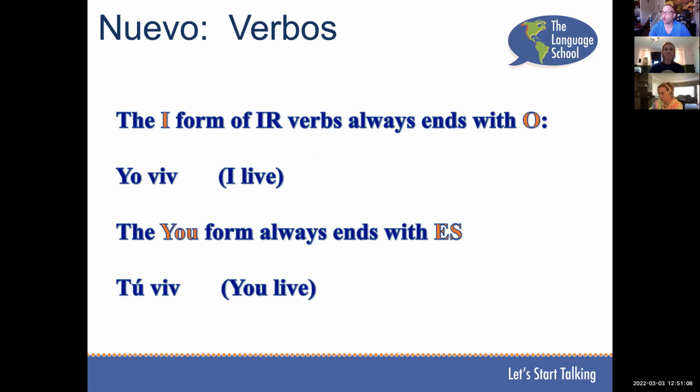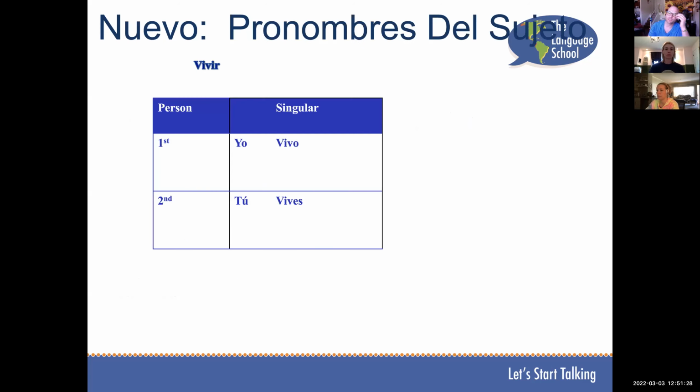Then we add back O for I, yo vivo, I live. Here we add back ES for you live, tú vives. IR and ER verbs are almost identical. We'll see some changes in the future, but for the most part, they're identical. So, vamos con vivir.